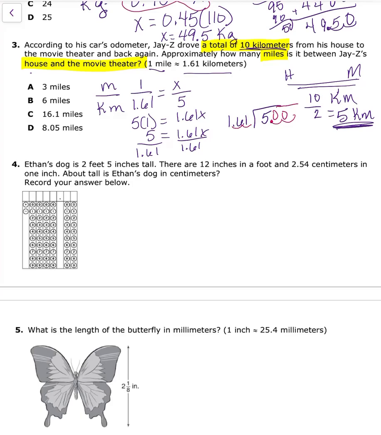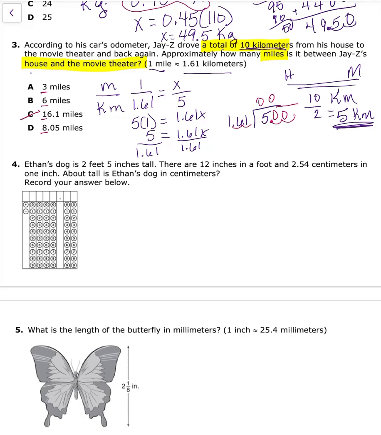All right, so 161 cannot go into 5. 161 cannot go into 50. 161 should be able to go into 500. Not 5 times for sure, probably not 4 times. In fact, if I look over here, my answer choices have a 3, a 6, a 1, and an 8. I know it's not going 1 time, so I know that's not the answer.